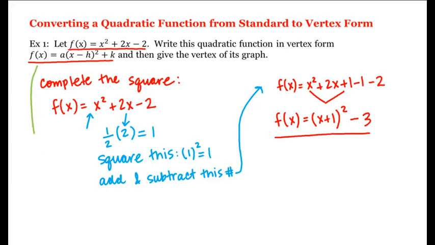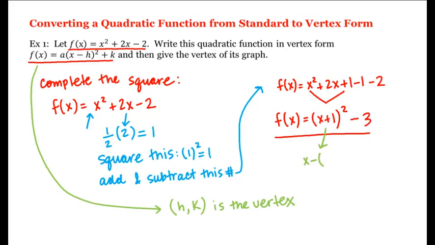And when we write a quadratic function in this vertex form, then (h, k) is the vertex of its graph. Looking here, we have x plus 1, which we can think of as x minus a negative 1.